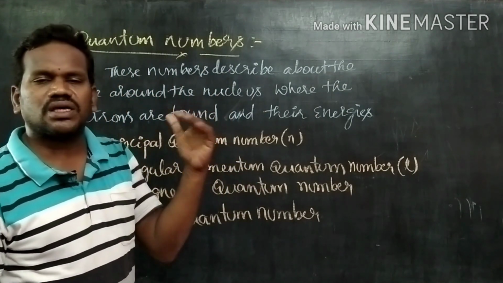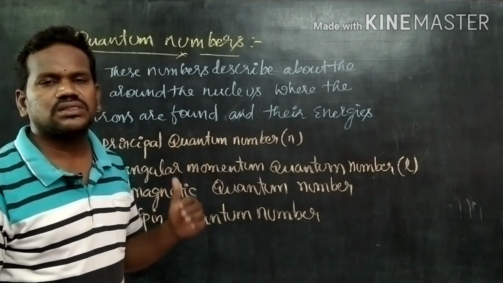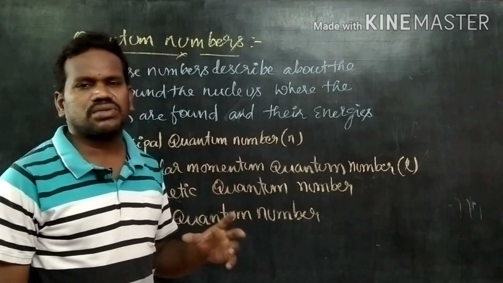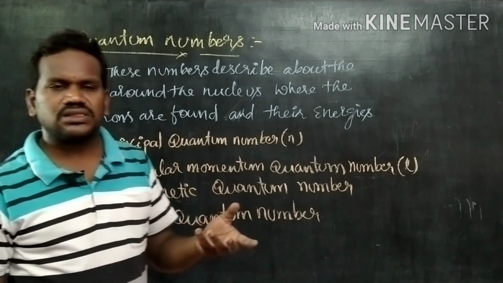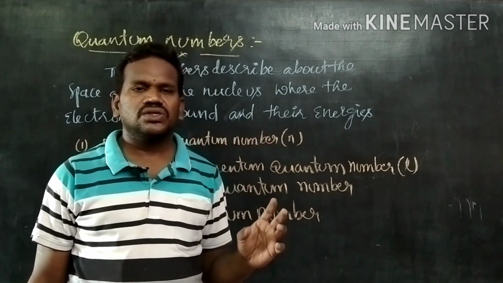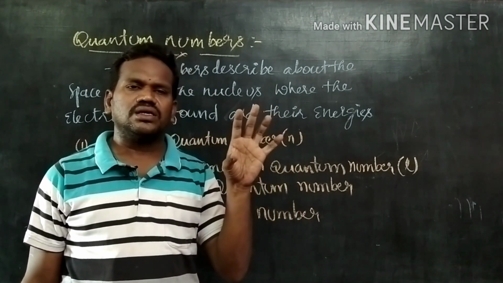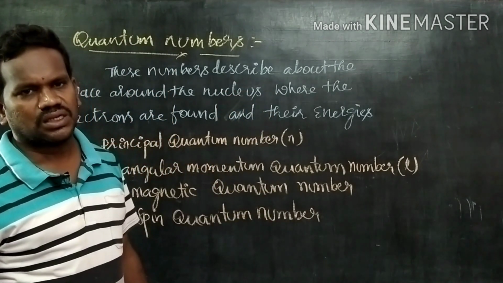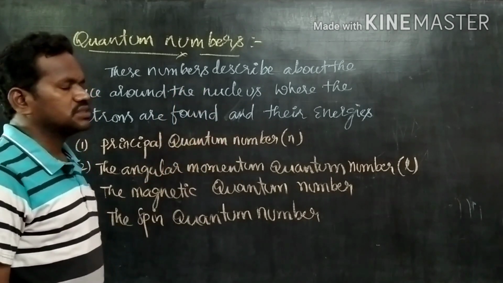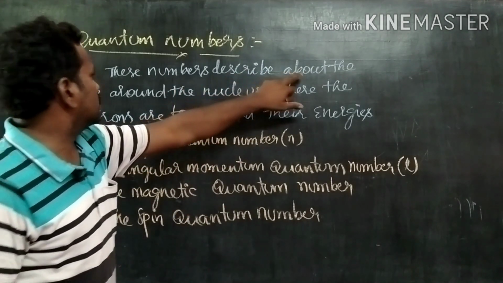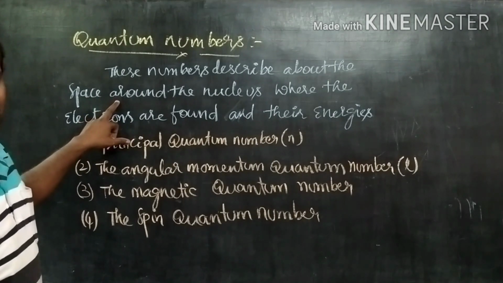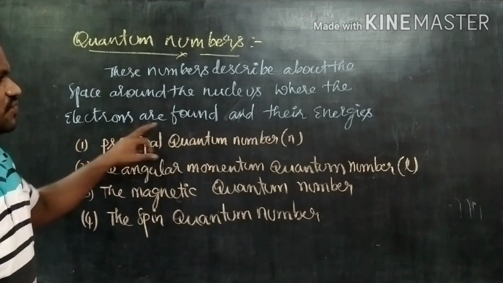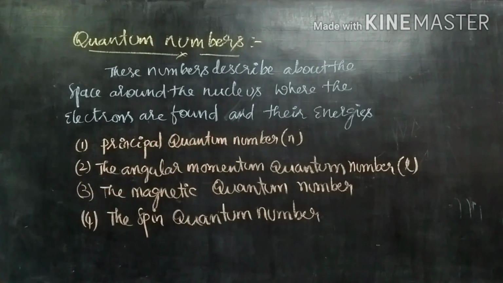So, to describe the main levels, sublevels and orbitals, including electrons, certain numbers are provided for us. Around the nucleus, where the electrons are revolving in a particular orbit, can be described by quantum numbers. The quantum numbers describe the space around the nucleus where the electrons are found, and their energies also.